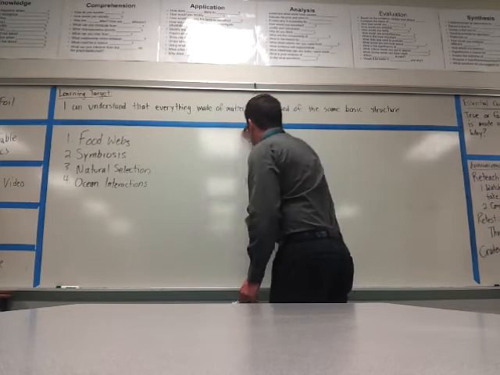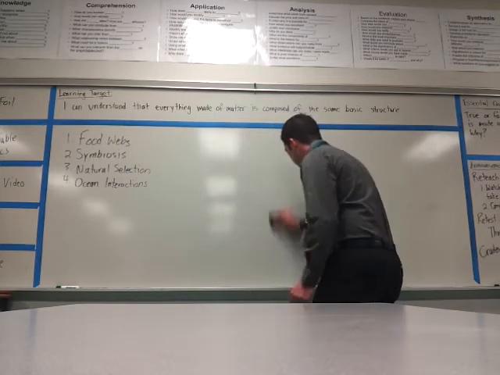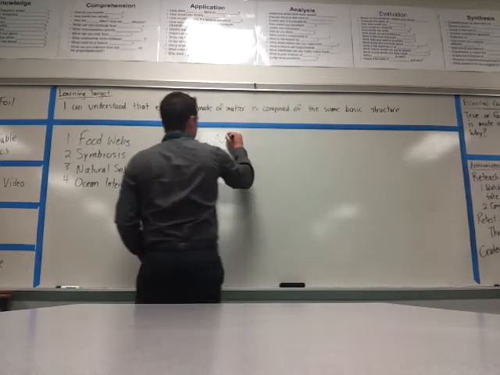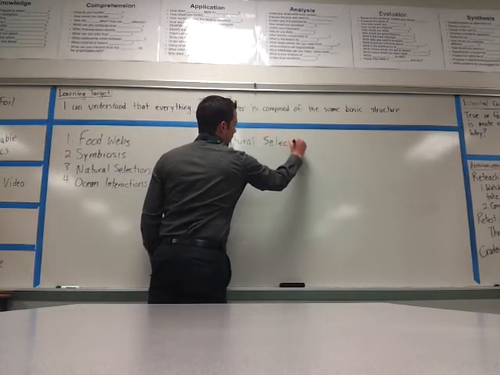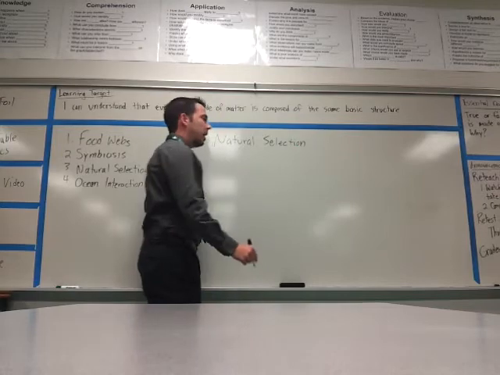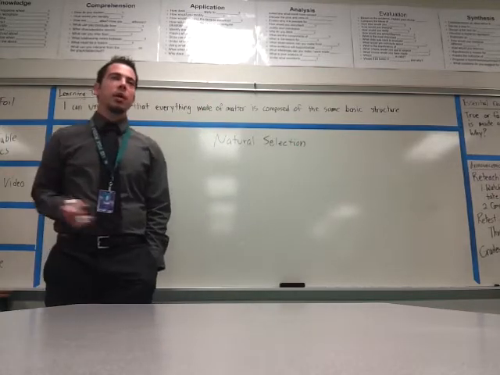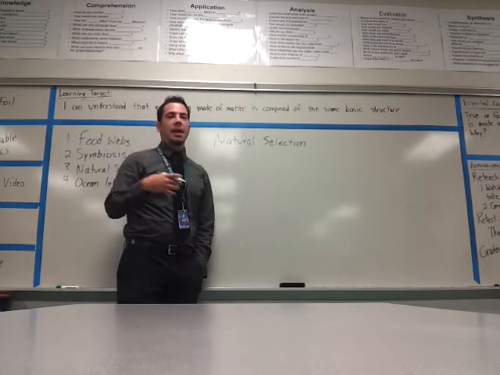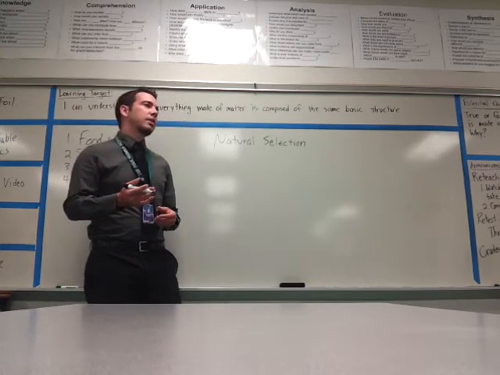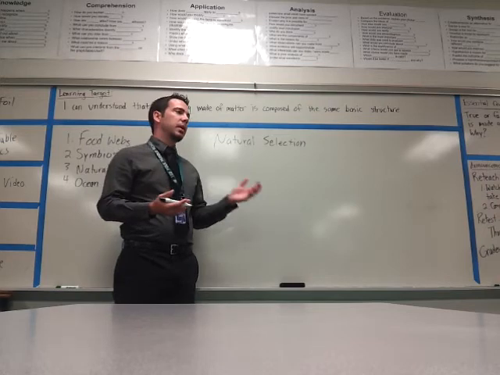Next thing we talked about was natural selection. So natural selection is, by definition, a theory that was come up with by Charles Darwin a long time ago. He was traveling to Galapagos Islands studying finches, and he noticed that some finches had certain beaks, and on other islands they looked pretty similar except they had different beaks.